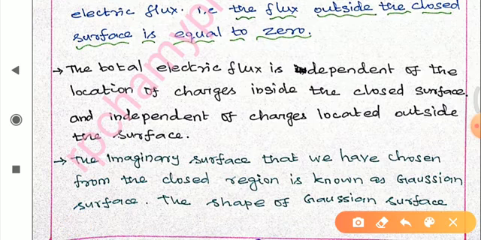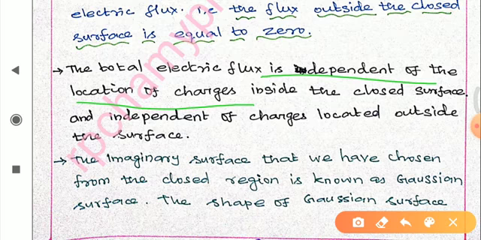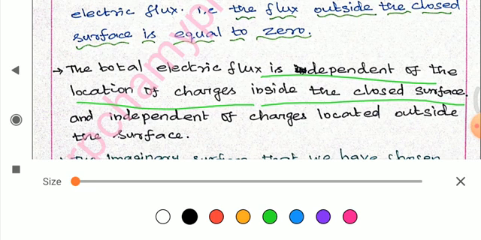In the next point, the total flux is independent of the location of charges inside the closed surface. Okay, what is the meaning? You have to understand that this is independent.